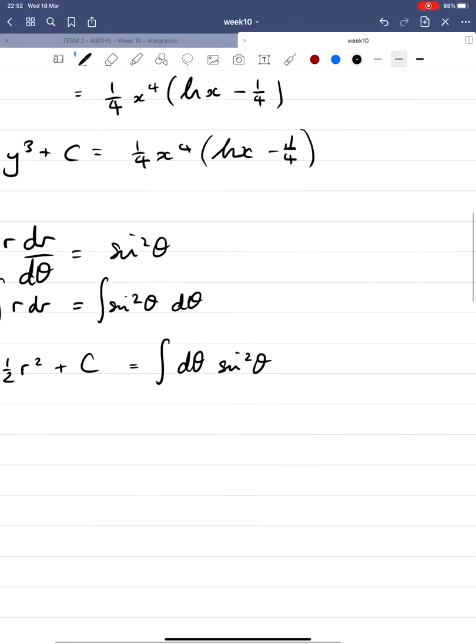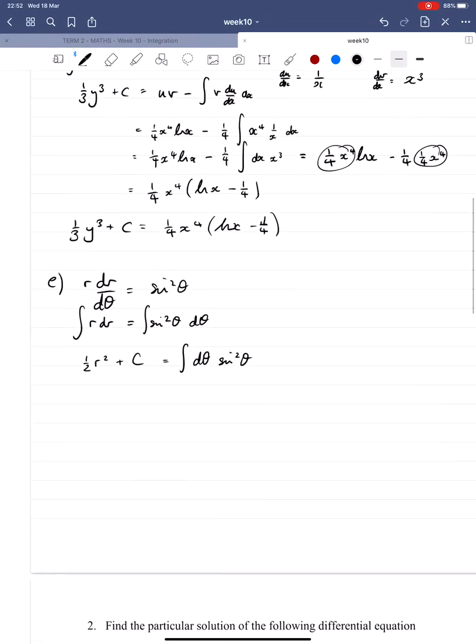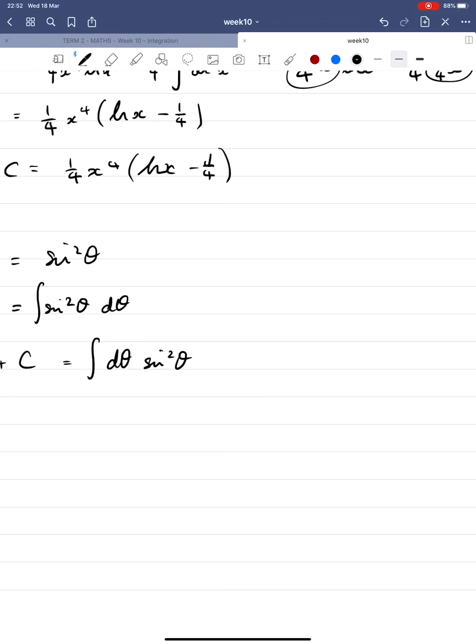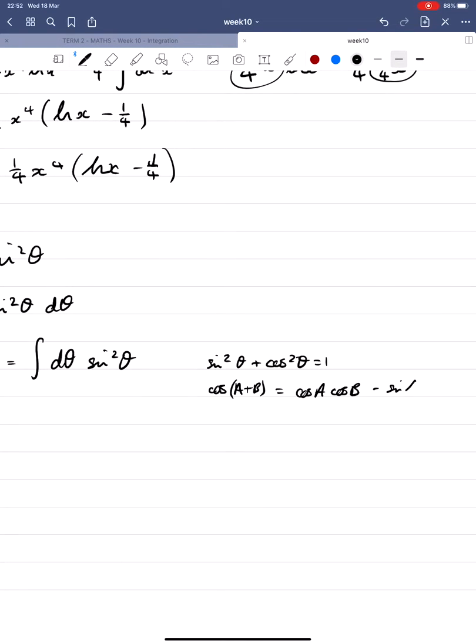Now here's a trick for how to do the integral of sine squared theta. We're going to use sine squared theta plus cos squared theta is equal to 1. And we're going to use cos of A plus B is cos A cos B minus sine A sine B, which means that cos of 2 theta is equal to cos squared theta minus sine squared theta.